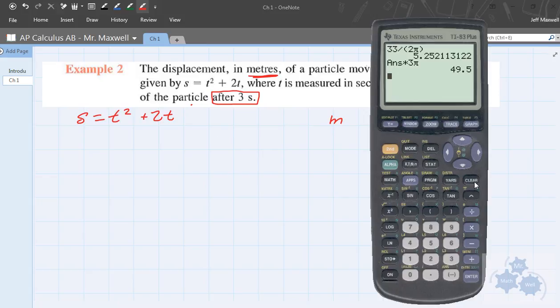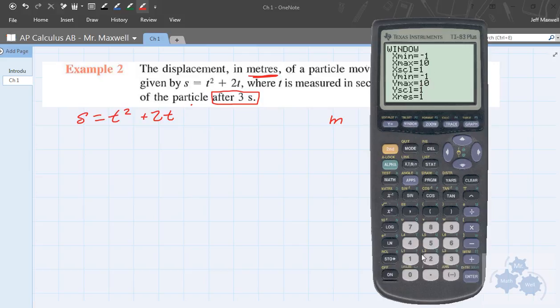So it might be a good idea to graph the function as well. Let's do that quick, clear everything else. We'll enter t, which is x, comma t squared plus 2t, and graph that. This is what it looks like. A negative time doesn't really make sense, does it? So let's focus on what we're interested in. Let's go negative 1 for x, keep that max as 10, and change the y.